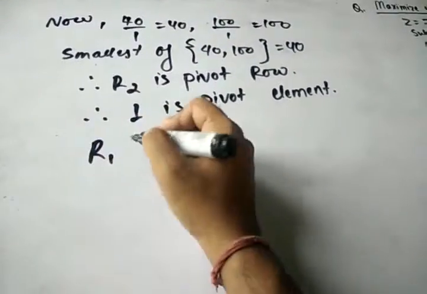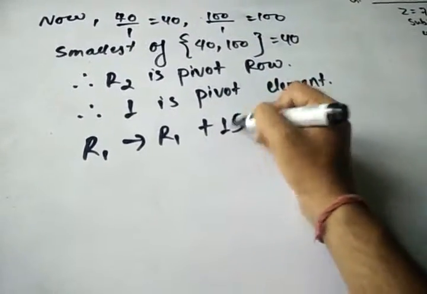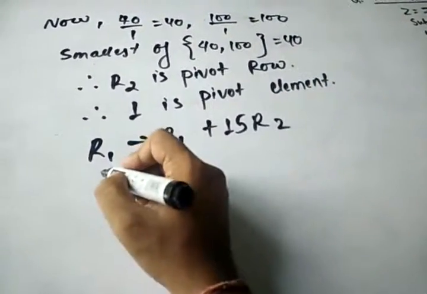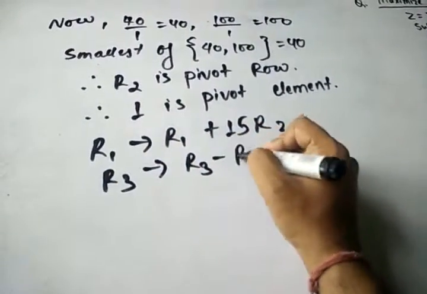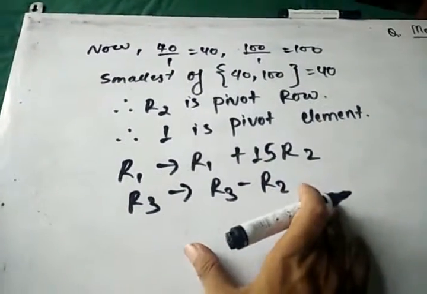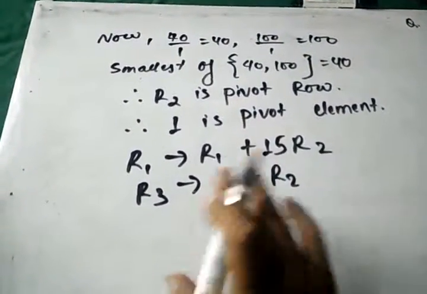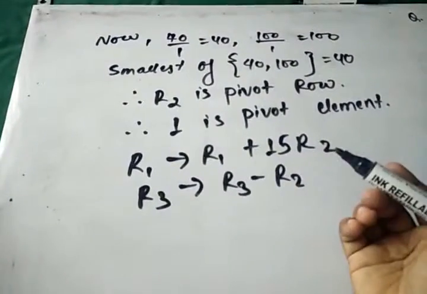Now we have the equations R1 plus 15 R2 and R3 minus R2. For this, there is no straight formula. You have to think and write in your own way how you will get those zeros.